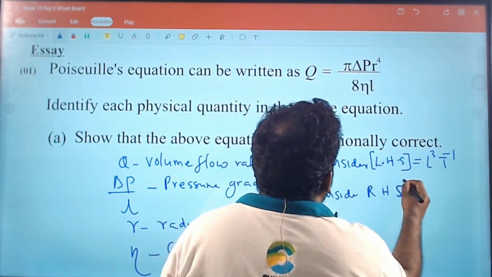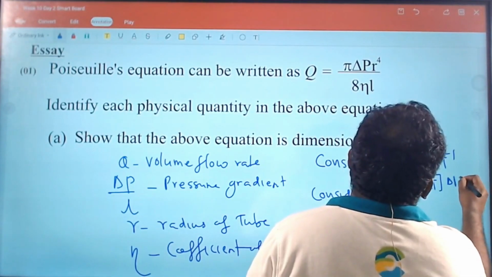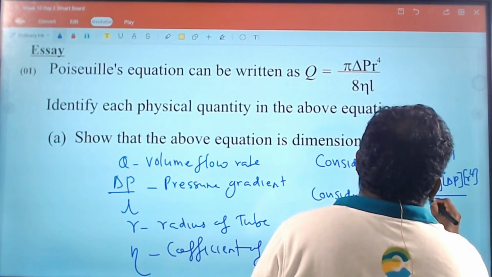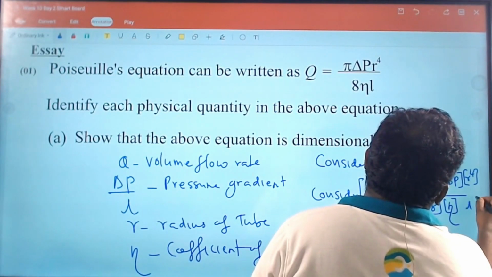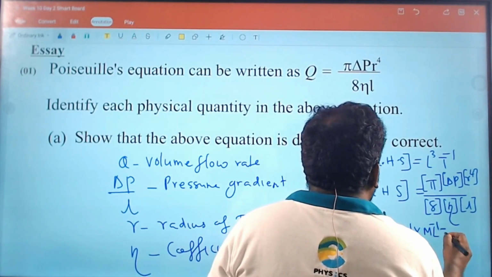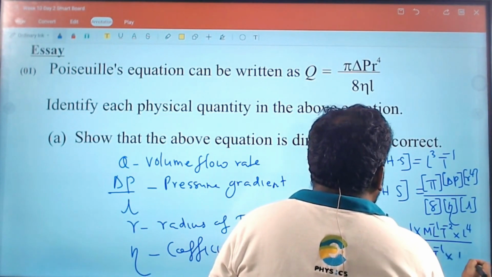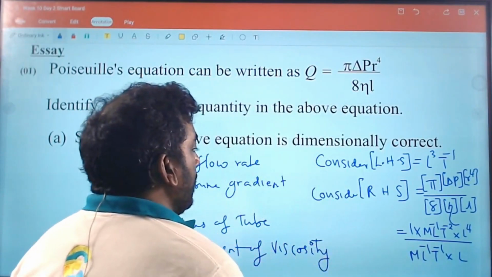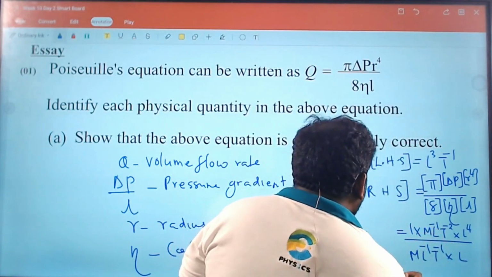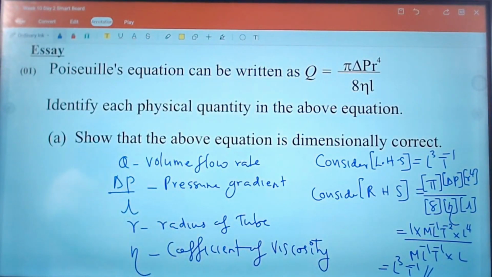Consider the right hand side dimensions: pi is dimensionless, delta P is M L to the minus 1 T to the minus 2, R to the power 4 is L to the power 4, 8 is dimensionless, eta is M L to the minus 1 T to the minus 1, and L. L's cancel off, M's cancel off. We get L cubed T to the minus 1. Left hand side dimensions equal right hand side dimensions.